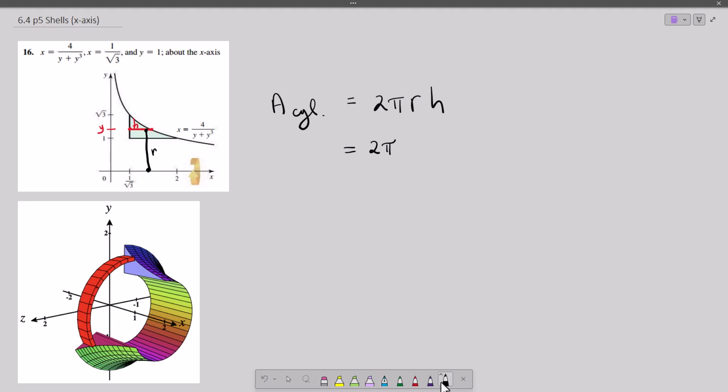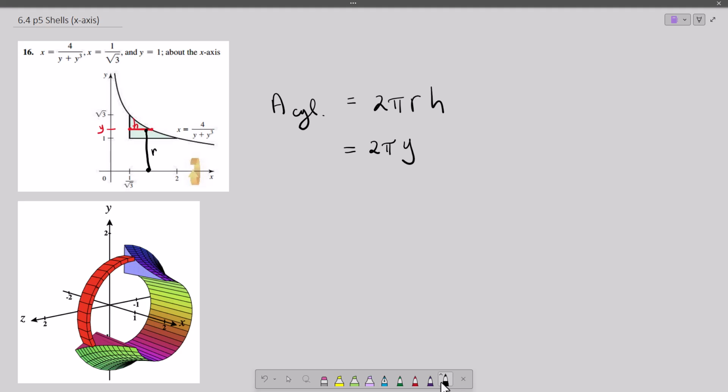What is the y coordinate at the top? y. y minus 0 is y. So 2 pi y. Right? This y is measuring the distance to that axis of rotation. So that y value is the radius. If we call that number right there y, how far away is it from the x-axis? y units. So it's representing the radius of that cylinder that's being created there.